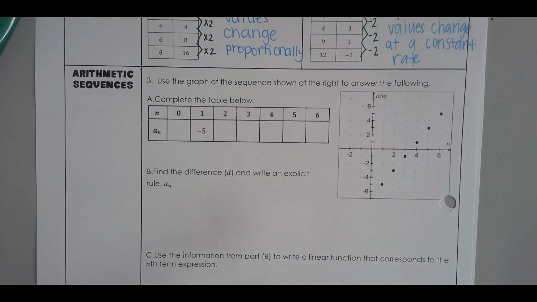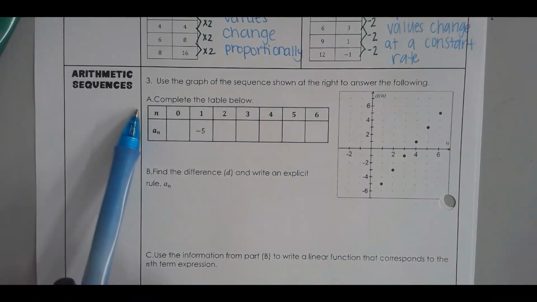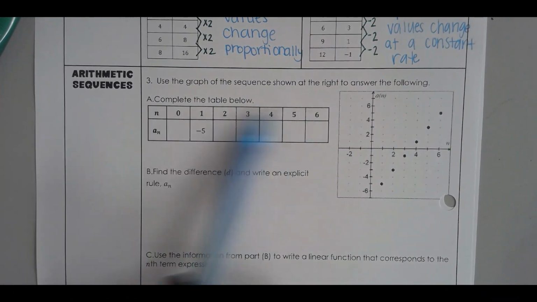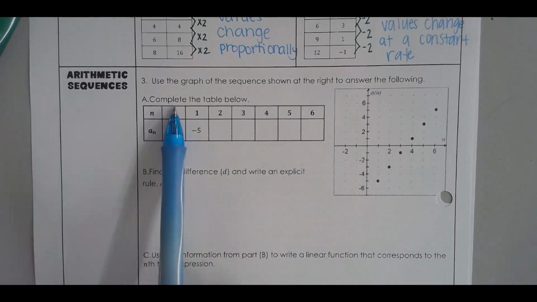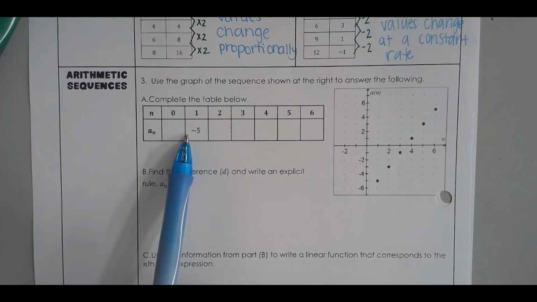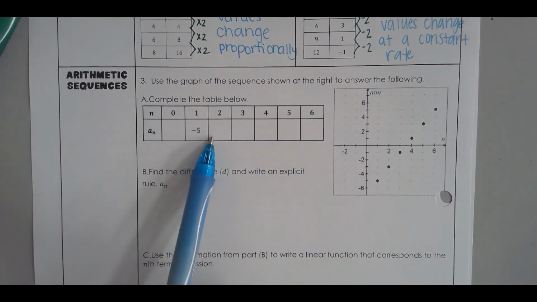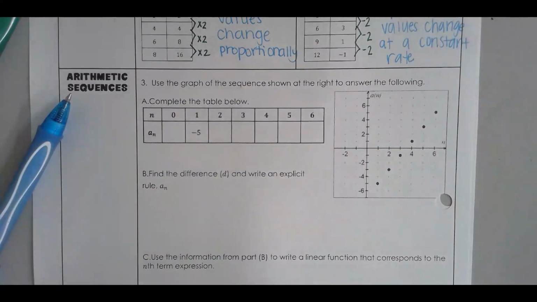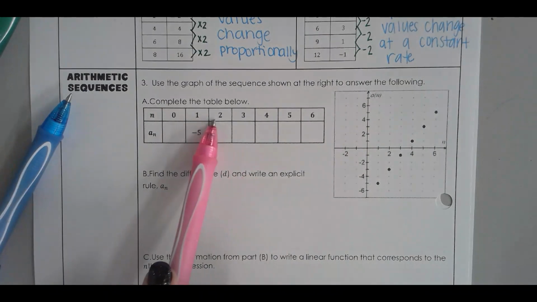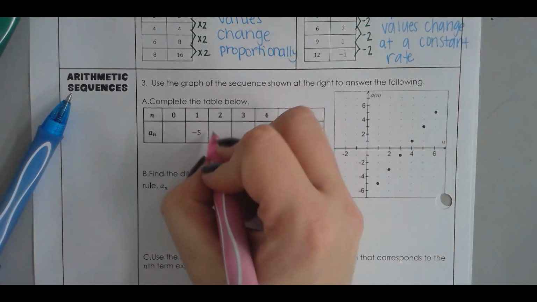So here we have a graph. Let's complete the table. Our n, that is our term number, which are also our x values. So I don't have a 0 term. Like I don't have a point on there. I could figure it out. Let's go ahead and fill in the ones I do have right off. For example, my second term is -3.